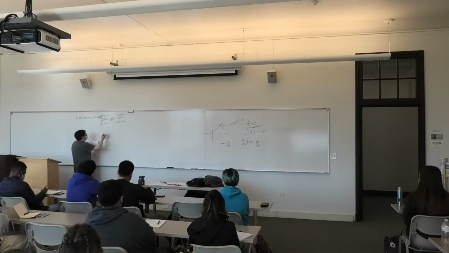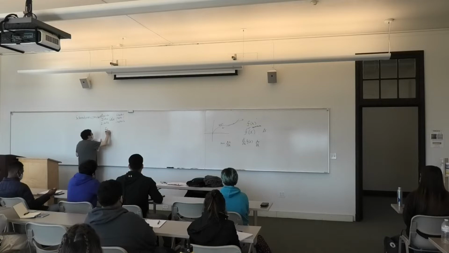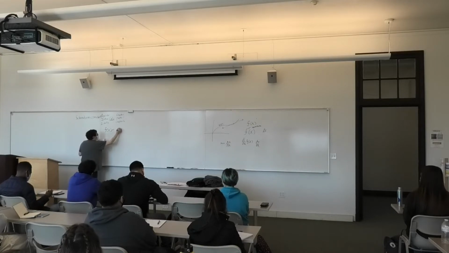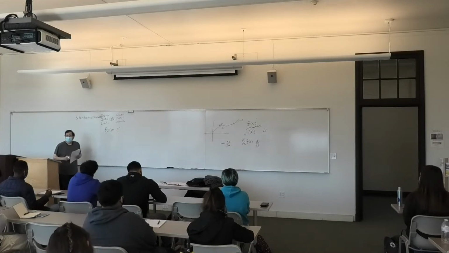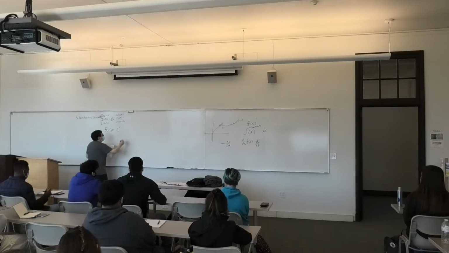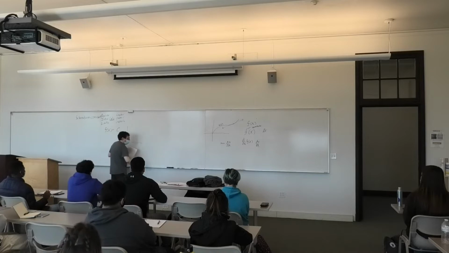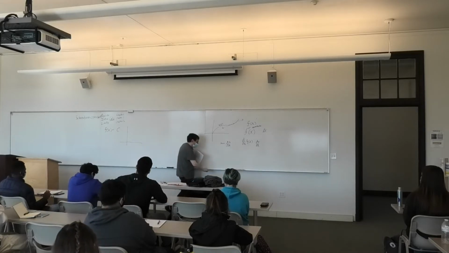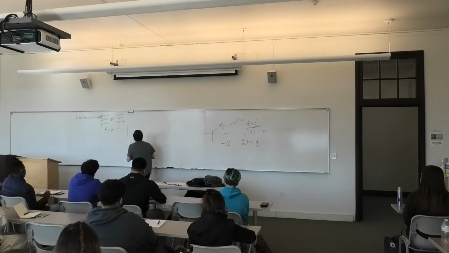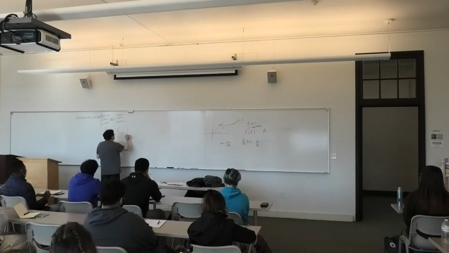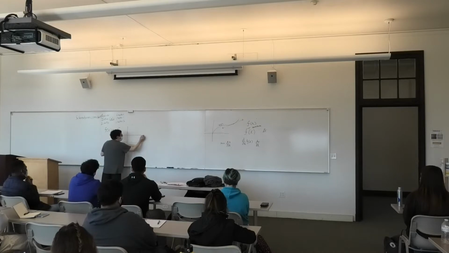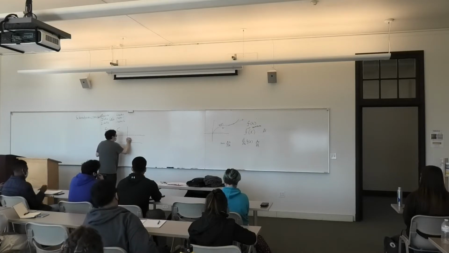So let's start with a really basic function, f of x equals some constant c. We're all familiar with what that would look like if I graph it. All right, so that's c.